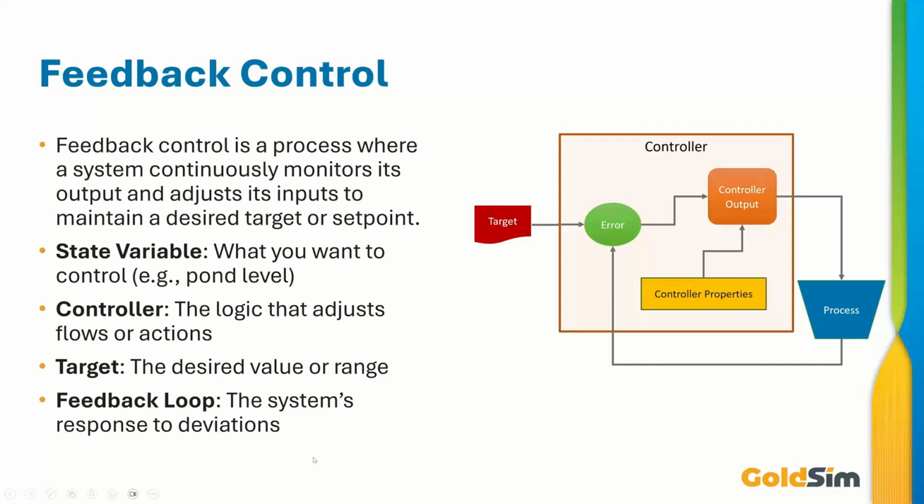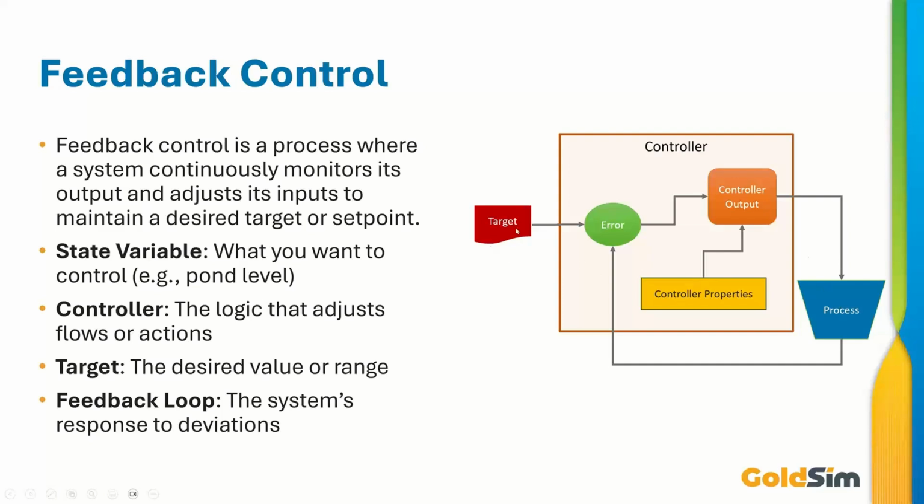In a more schematic representation here, we have the controller represented in this big box, and there are these three components within it. The error, like I mentioned, is the difference between the target and the process state that you're monitoring. These need to be compatible, target and process. So if we're monitoring water level, then the target must be water level.